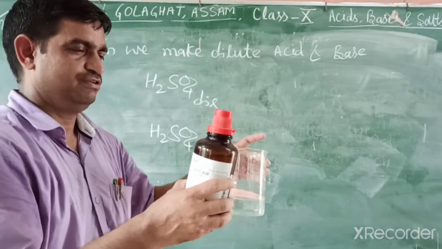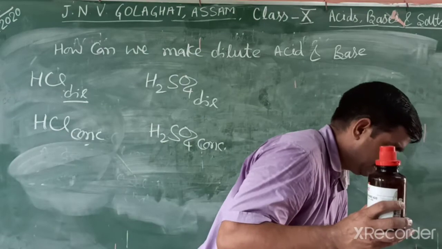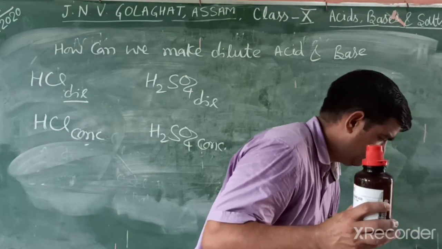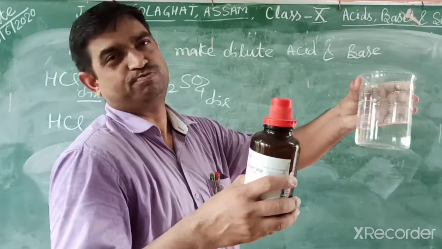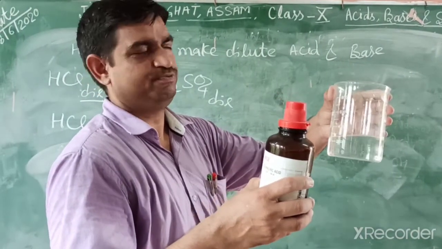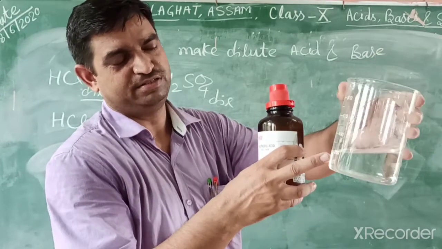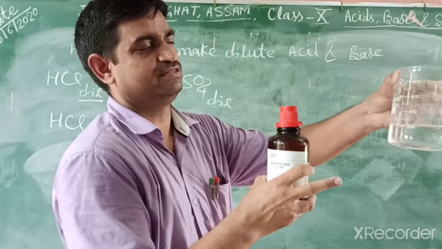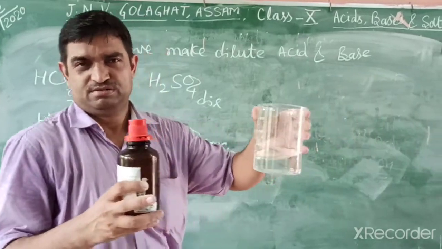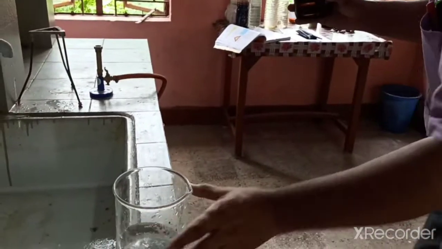For making a dilution we have to be very careful, because if we mix, a lot of heat is released, and that heat can break glass utensils or the beaker. How can I make this dilution?